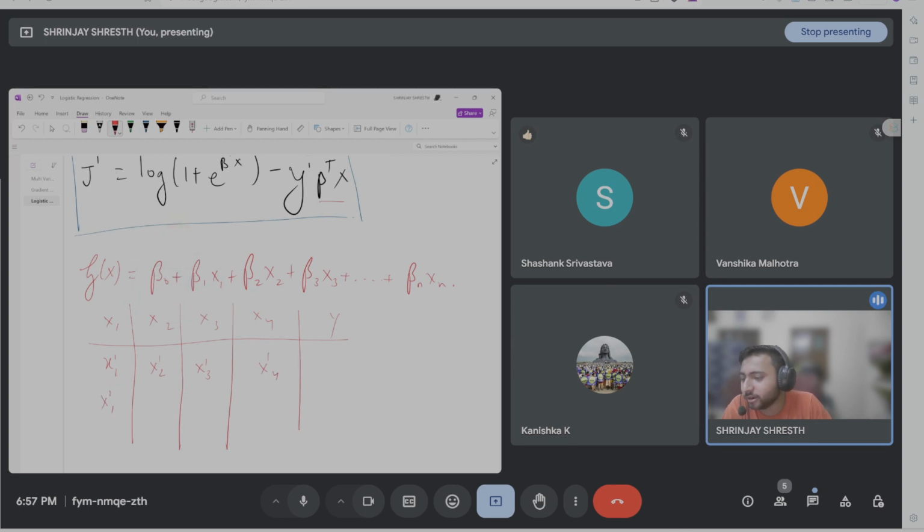This would be x1 corresponding to second row, x2 corresponding to second row, and so on. So this x1 would be this vector, x11, x12, x13.